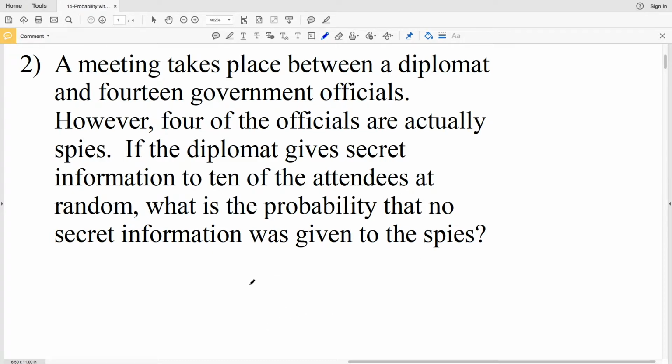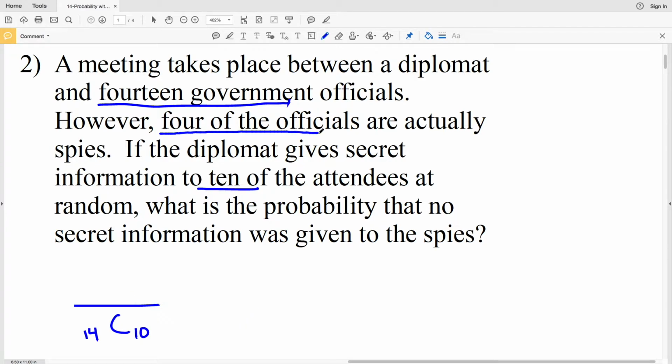Again, order doesn't matter when we decide the different combinations, therefore we're going to be using nCr. There's a total of 14 government officials, and the diplomat gives secret information to 10 of those. So 14 choose 10 is the total number of combinations of choosing 10 of those 14 people.